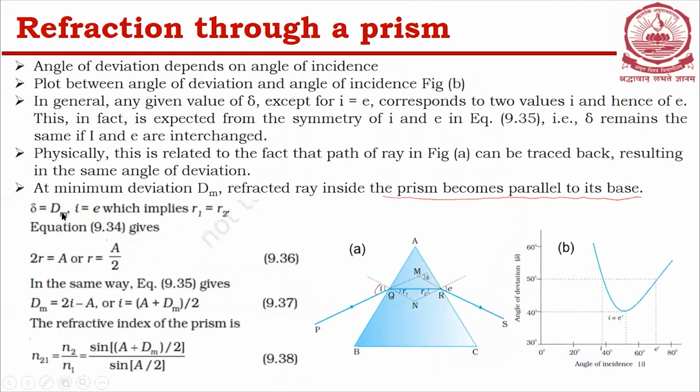Similarly, delta m is equal to 2I minus A, so I is equal to (A plus delta m) by 2. From Snell's law of refraction, the refractive index of the prism is sine of (A plus delta m) by 2, divided by sine of A by 2, where delta m is the angle of minimum deviation.